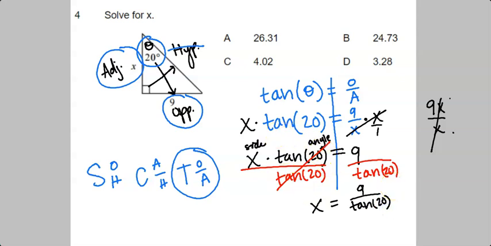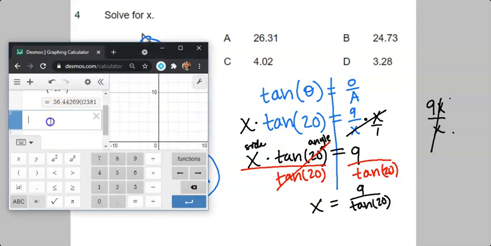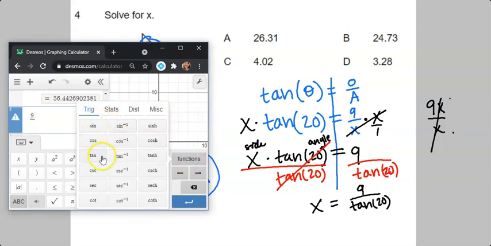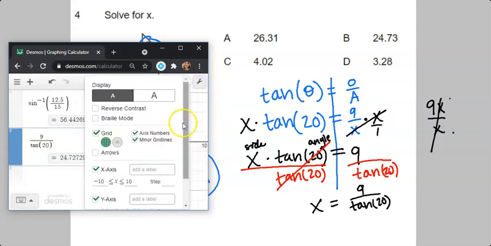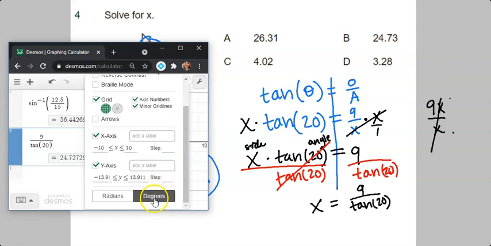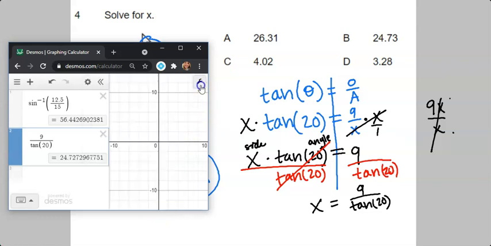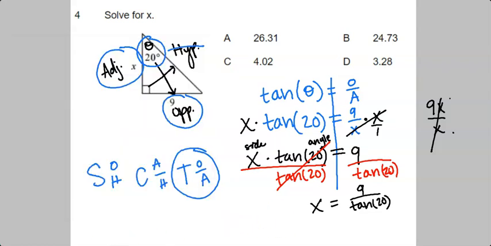And again, we need Desmos. All right, so 9 divided by, and again, functions, tangent, 20. Again, double check. We did it in the previous problem, but double check that degrees is clicked. So we get x is equal to 24.7. And that would be B right here.